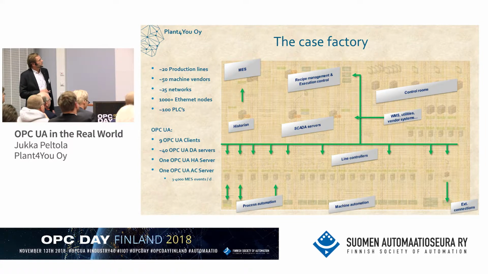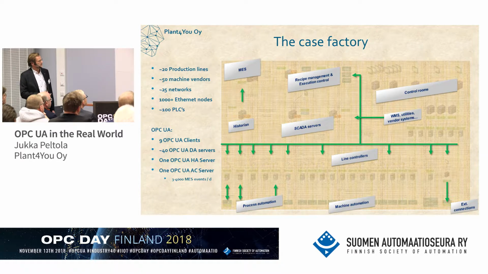For the OPC UA part, we got everything green here. You can see the little greens are OPC UA servers or clients. This is the machine control part or process automation part from the vendor, and they have their own OPC UA clients or servers. And this is the line controller part.